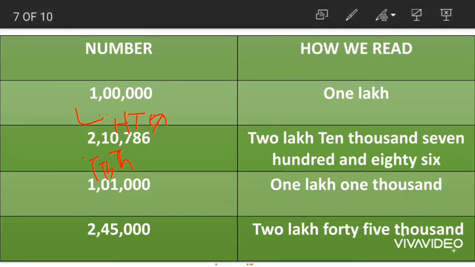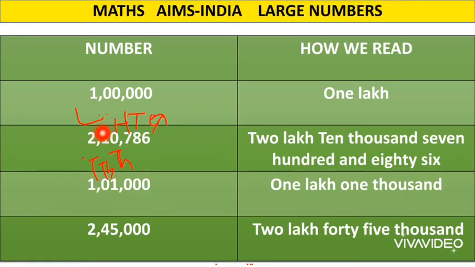So, we can simply read this number first. 10 means 10, right? And then they are in the thousands period. So, we read it as 10,000. Clear, children? 10 means 10 and this 10 is in thousands period, so we read it as 10,000.